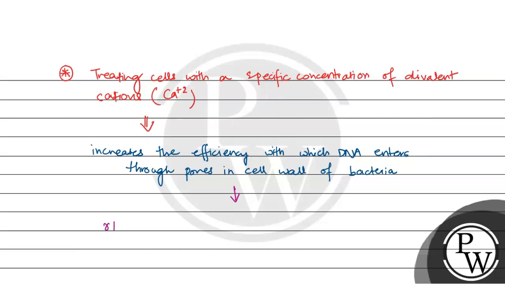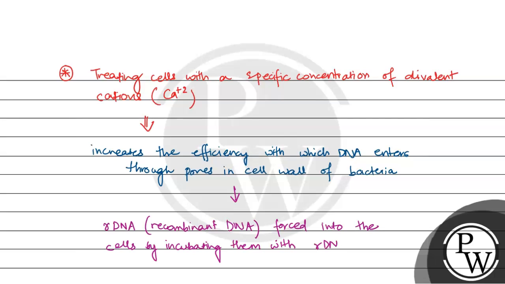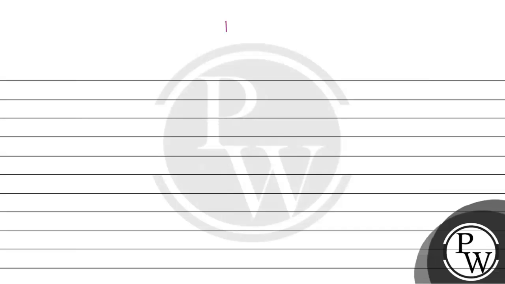So इसके बाद recombinant DNA जो होता है या rDNA, rDNA is the recombinant DNA, they are forced into the cells by incubating them with the rDNA on ice. इसके बाद this step is followed by briefly treating the bacterial cells at 42 degrees Celsius, जिसको हीट शॉक बोला जाता है, हीट शॉक ट्रीटमेंट. And then again putting them on ice.